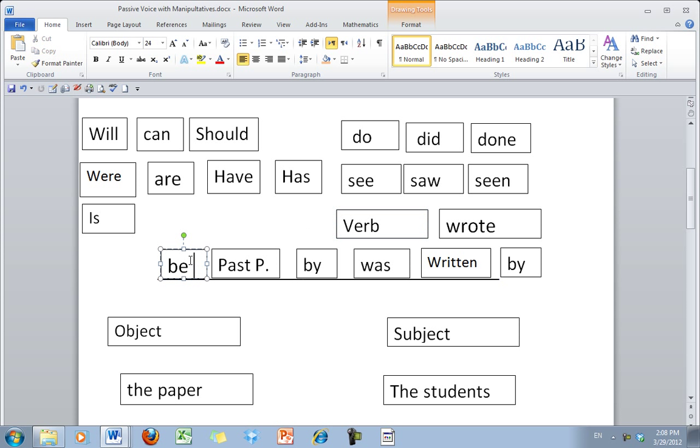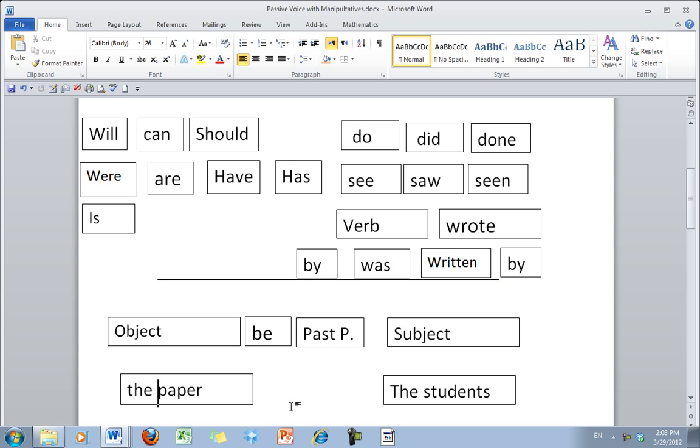And we add a form of the verb be plus past participle. Okay? Now this verb was wrote, meaning that it's past tense. So we need to choose a past tense form of the verb be, and that is was.